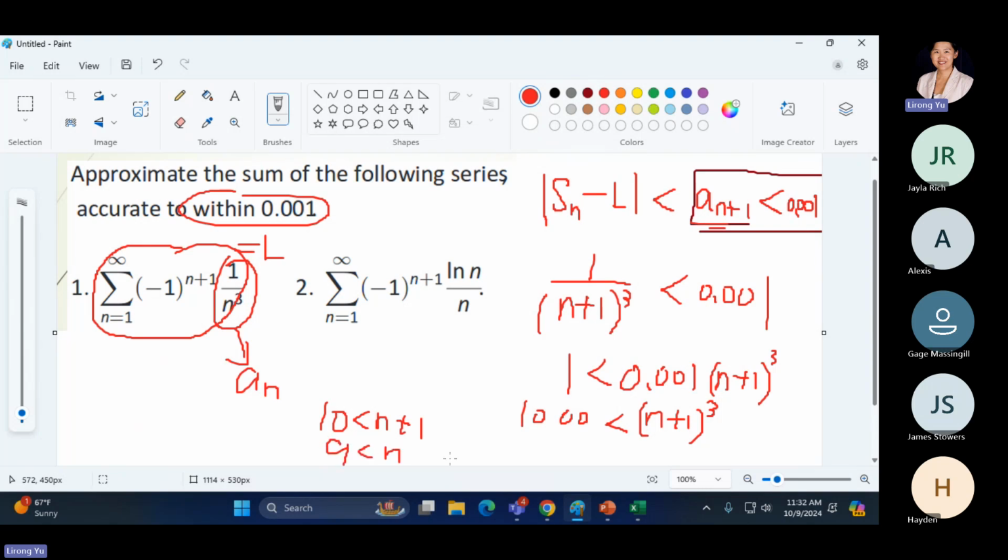So as a consequence, obviously the bigger the n the better, but maybe we should keep n bigger than 9. I did say within, so I feel like having an equal sign in that inequality wouldn't matter that much. But I think it says within, so maybe having the equal sign there.